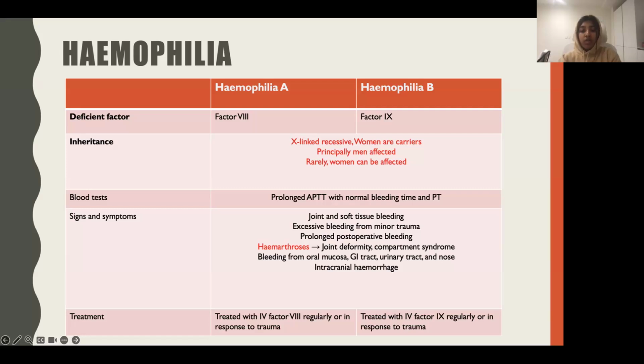So it's similar to von Willebrand, except on top of the mucosal bleeding, you get these muscle and joint bleedings, and it's an X-linked recessive disorder. The treatment, you basically just give them the factor which they're lacking. So if it's hemophilia A, you would treat with factor 8. If it's hemophilia B, you give them IV factor 9. So the treatment is quite self-explanatory.